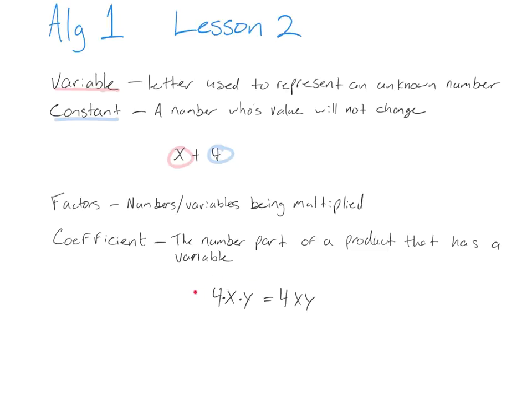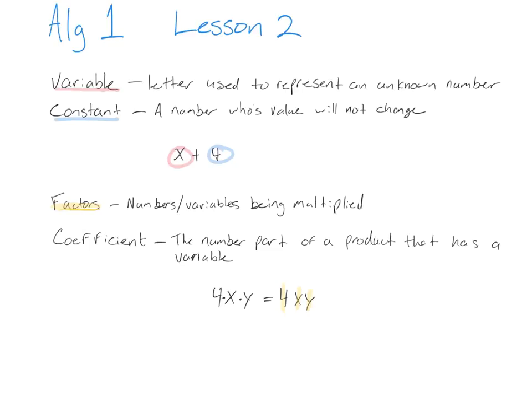So notice here, this is how we might see it normally, but we're going to start looking at them here on the right without the dots in there, because mathematicians would rather write less if we can get away with that. So if we look here at the factors, well, all 3 of these are factors because they're all 3 multiplying.